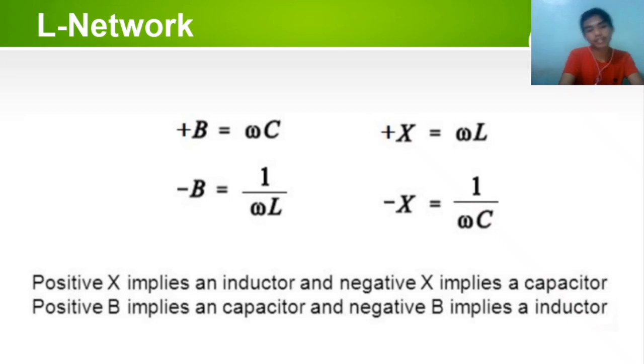Positive B implies a capacitor and negative B implies an inductor. To get the capacitance for a positive susceptance, we must divide both sides by omega.